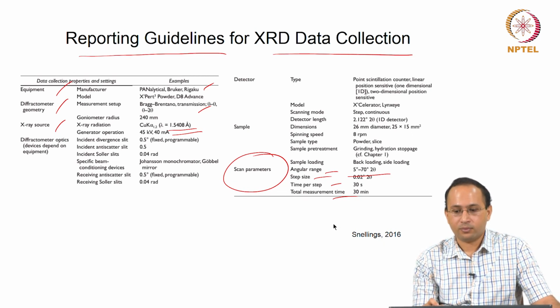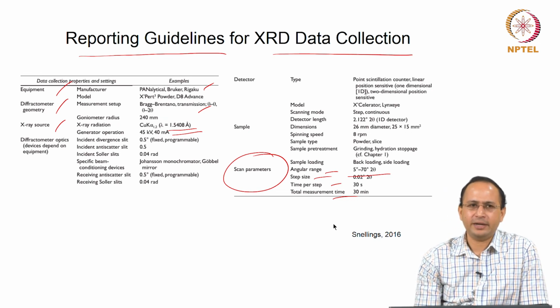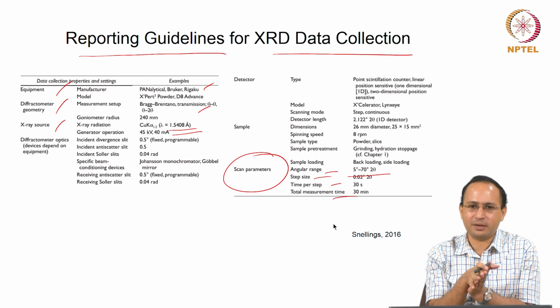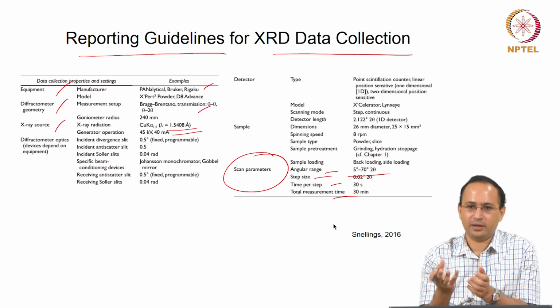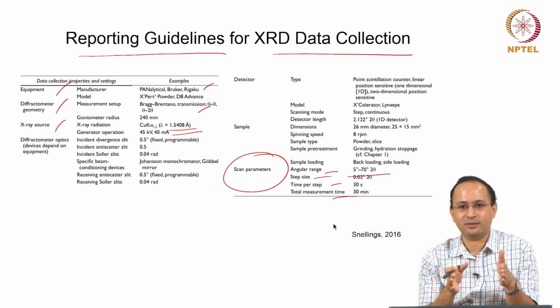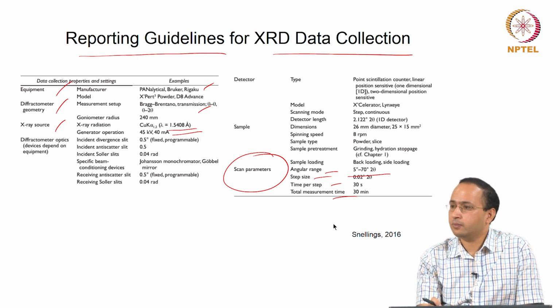Backloading, side loading. These are the ways you load the sample, as we did not go into detail, like backloading, as I said, you flip your sample and then load it. So front, you are loading the front, side is side again. So there are different ways to load the samples, to make the sample compact.